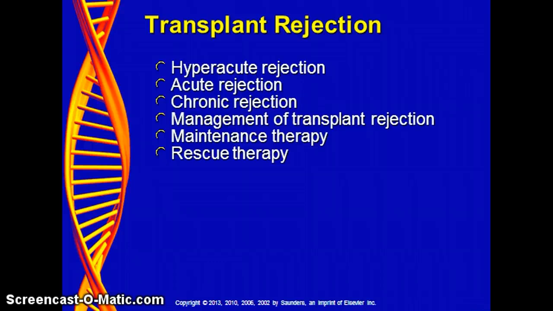If you look at table 19.4, we'll discuss these more in class, but it talks about the immunoglobulins. And the immunoglobulins are basically the body's antibodies that the body has produced against specific antigens.